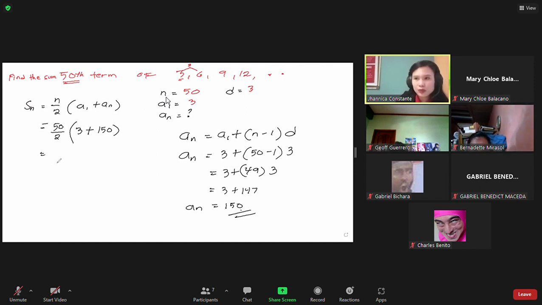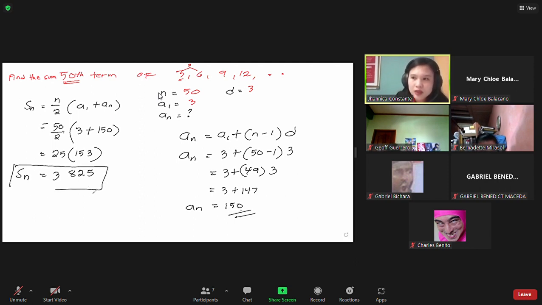So 50 divided by 2 is equal to 25. 3 plus 150 is 153, so 25 times 153 is equal to 3,825. So that is the sum of our arithmetic sequence.